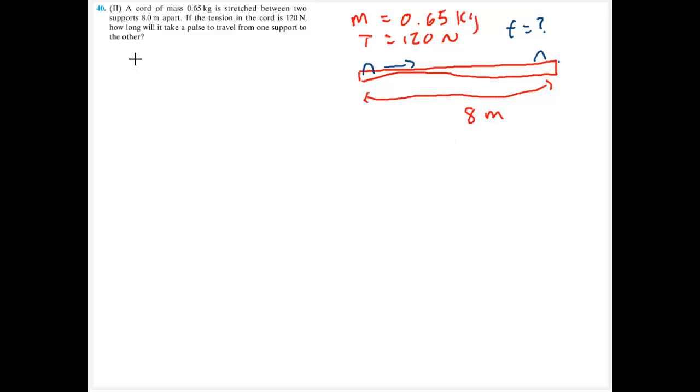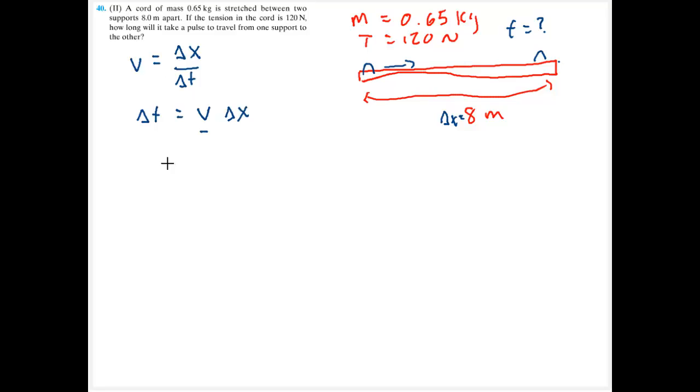Well, I know very simply that the velocity of the pulse is going to be equal to how far it goes divided by how long it takes. So I can figure out how long it takes it to travel. It's going to be how far it goes divided by the speed of the pulse. How far it goes is going to be 8 meters. Now all I need to know is how fast it's going.